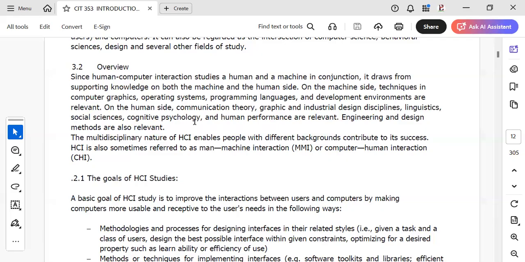Anytime I use HCI in this course, we're talking of human-computer interaction. Since it deals with two entities, one is human, the other is machine, in order to study it perfectly, we will definitely need the knowledge of other disciplines, like the discipline that studies humanities and the discipline that studies computing or machines.